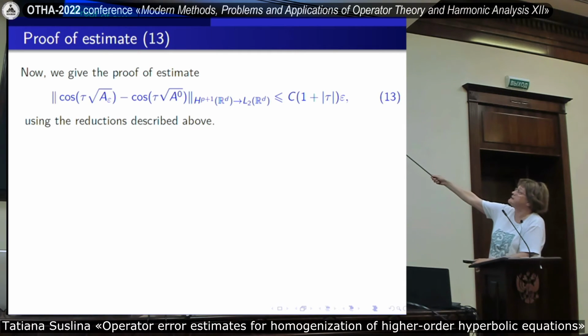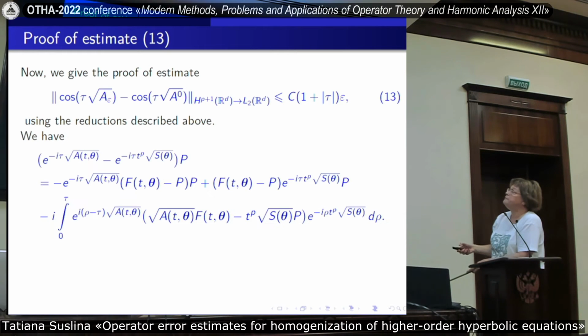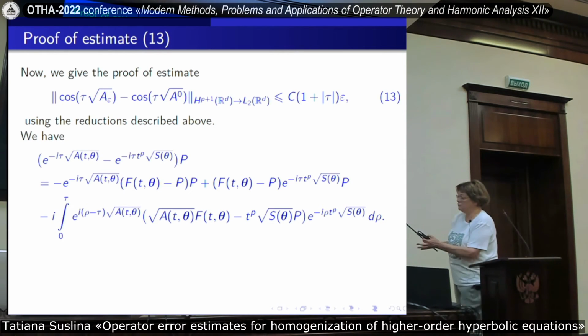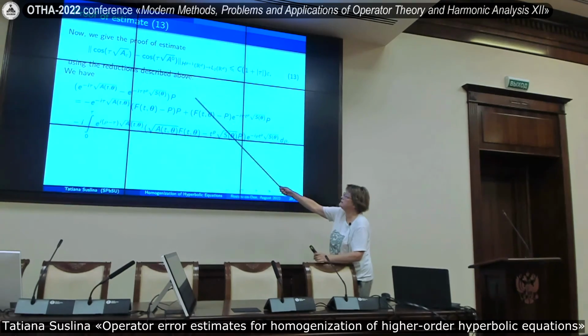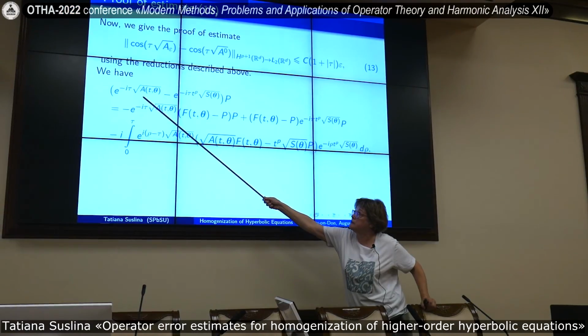Proof of this estimate 13, the result of Theorem 1, uses, of course, the reductions described above. Instead of cosines, let us consider the corresponding exponential.